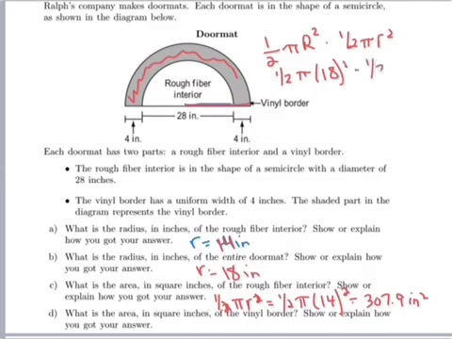And then I'm going to do 1/2 pi, my radius of my inside was only 14. So we just put that into our calculators now. And I get 201.1. And that would be square inches again.